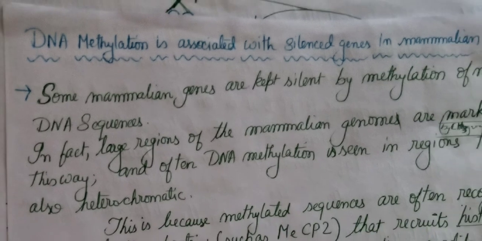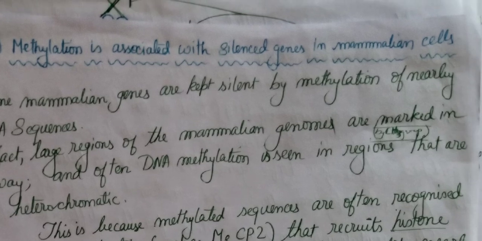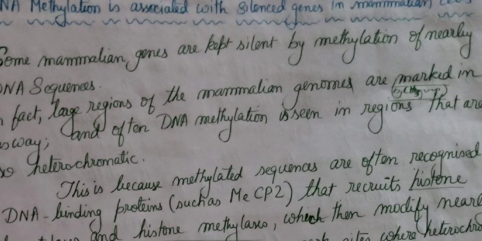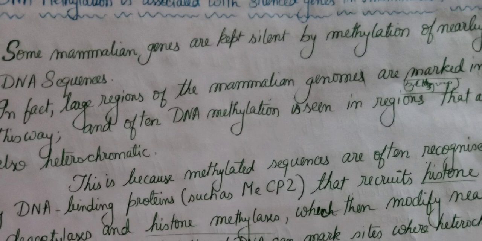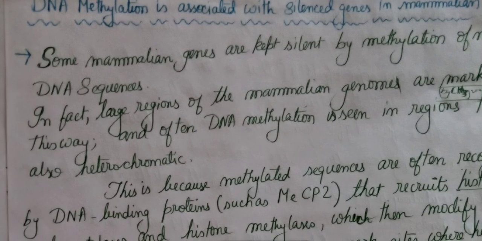In fact, large regions of the mammalian genome are marked by methyl groups in this way, and often DNA methylation is seen in regions that are also heterochromatic.